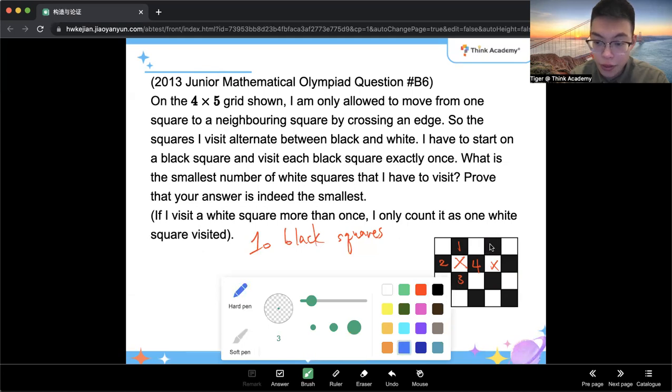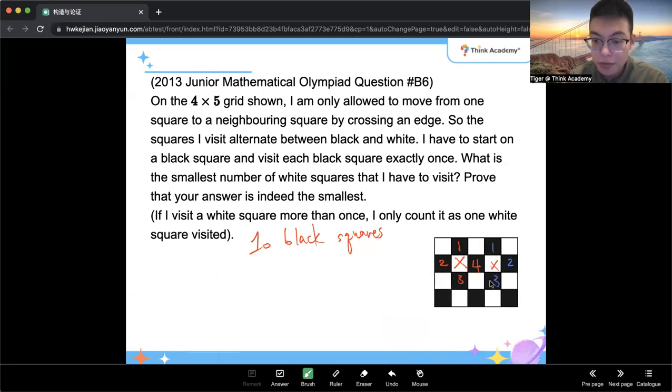You can go with 3 extra black squares. So theoretically speaking, the maximum number of black squares you can reach in 3 white squares is 10.